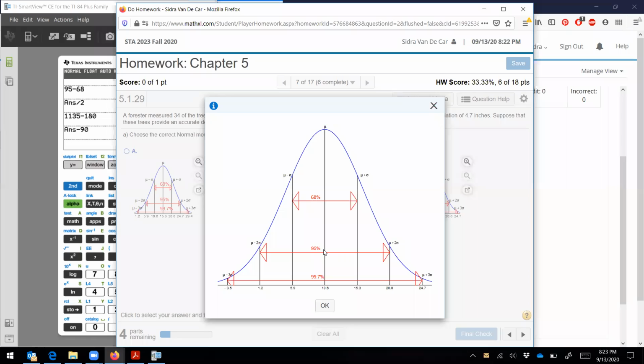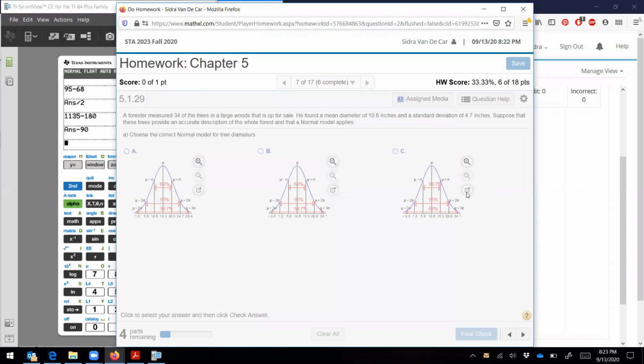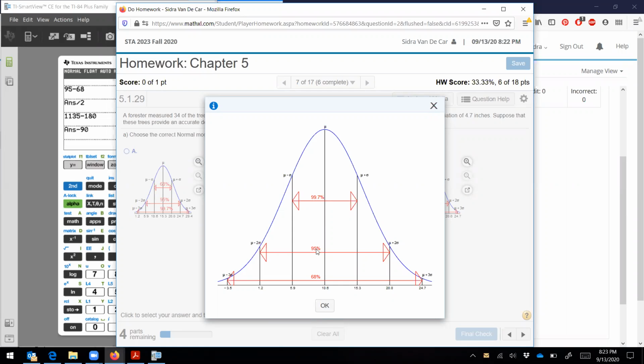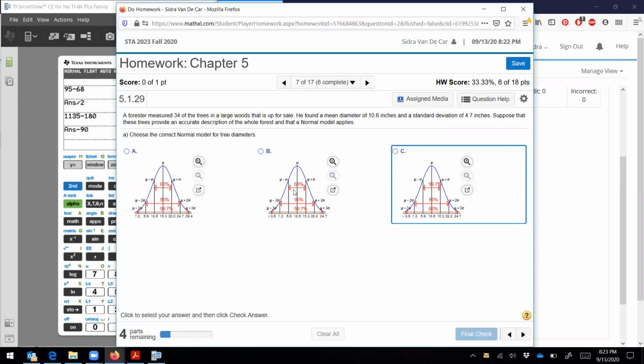So 99.7, 95, 68. And this has the percentages messed up, right? We want the one that has the 68 within the 1st standard deviation, the 95 within 2, and the 99.7 within 3. So I'm going to choose option B.